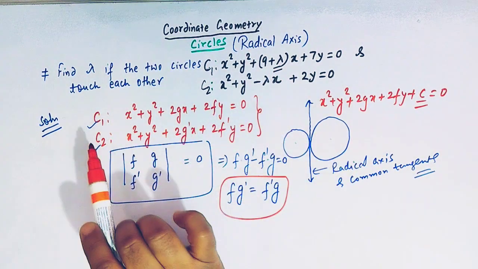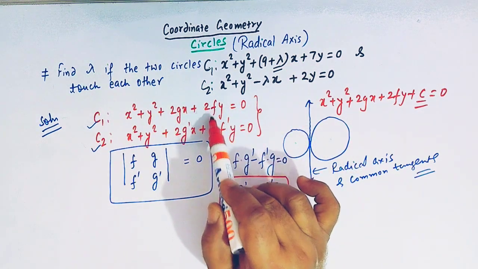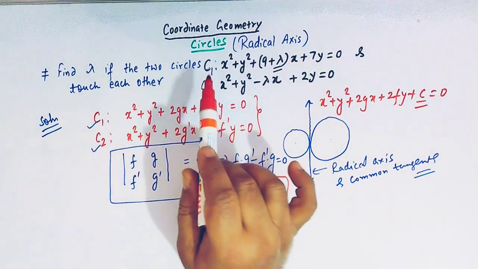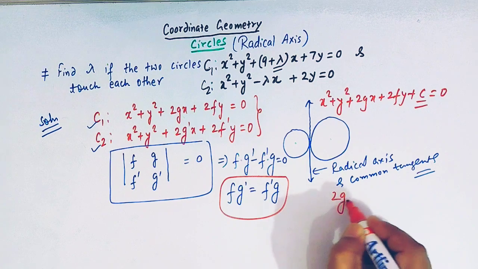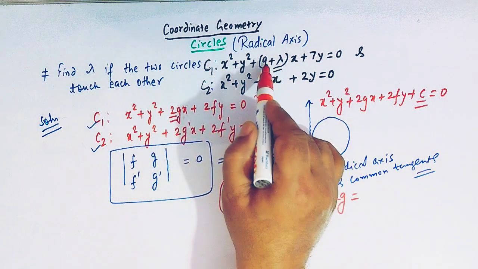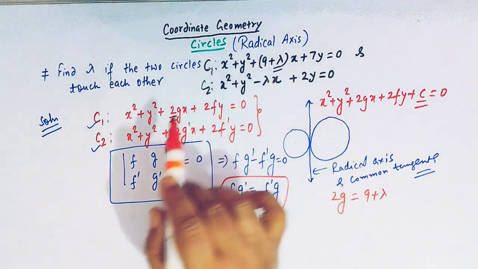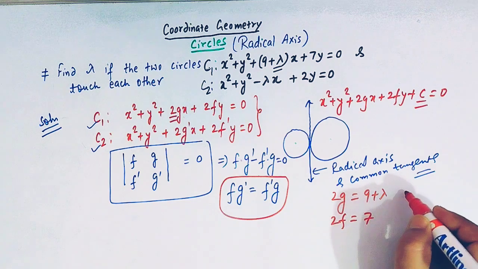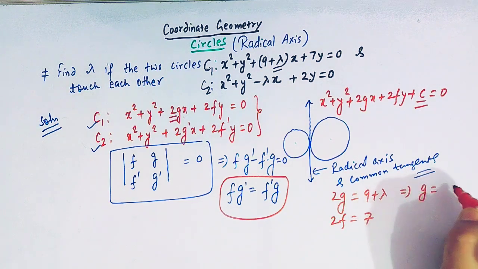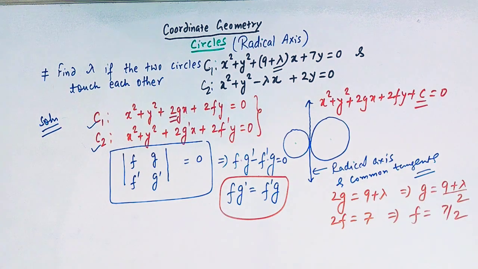So now we have this condition. Now let us compare these two equations with these two equations respectively, right? Let us compare this equation with this one. Then we have 2g is equal to 9 plus lambda, and 2f is equal to 7, right? So from here we have g is equal to 9 plus lambda over 2, and from here we have f is equal to 7 over 2, right?